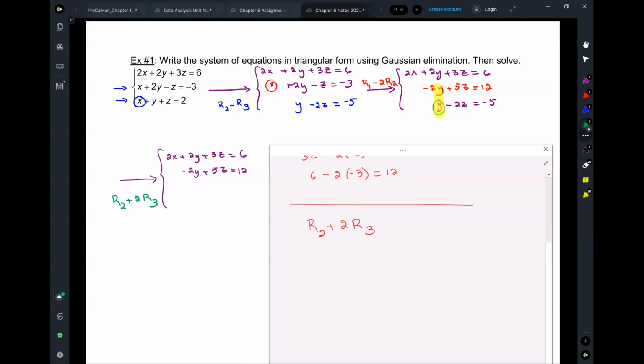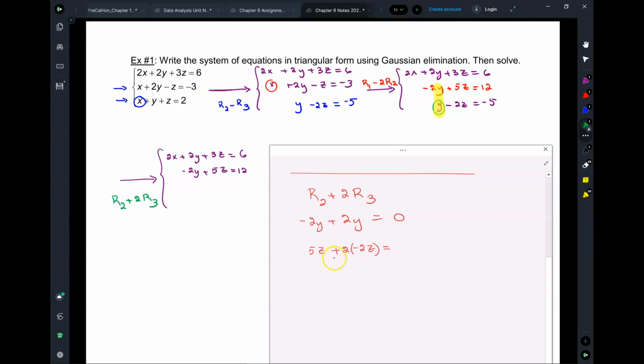For the first one, what do I have in row 2? Negative 2y plus 2 times y. That gives me 0. What's the next one over? Row 2, I have 5z plus 2 times negative 2z. 5 minus 4z, 1z.